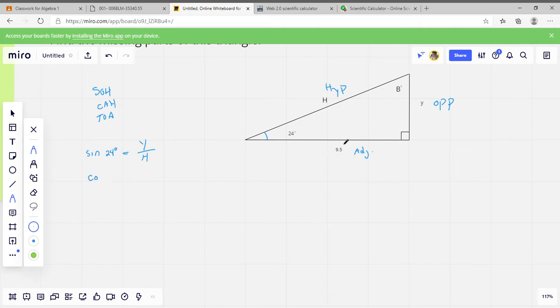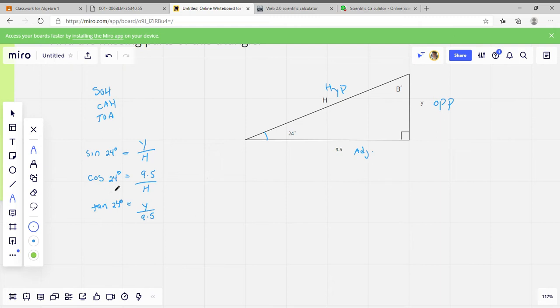Alright, so our cosine of 24 degrees is equal to adjacent over hypotenuse. So our adjacent is 9.5 over our hypotenuse, which is h. And then our tangent of 24 degrees is equal to opposite over adjacent, which would be y over 9.5. Alright, so we can use these to solve for y or h for our cosine and our tangent.